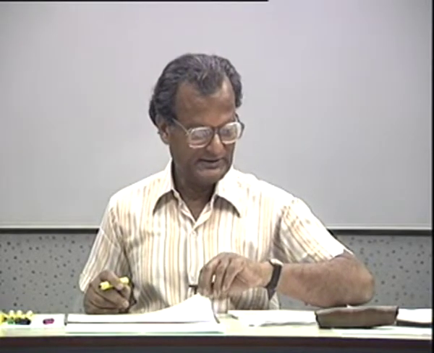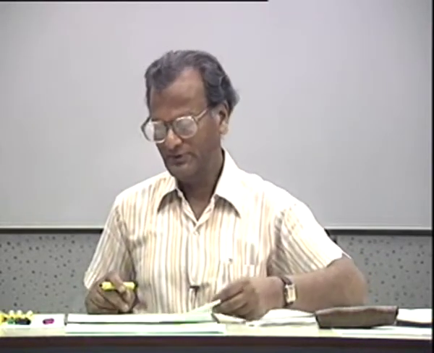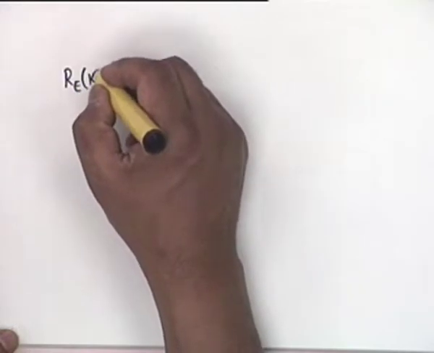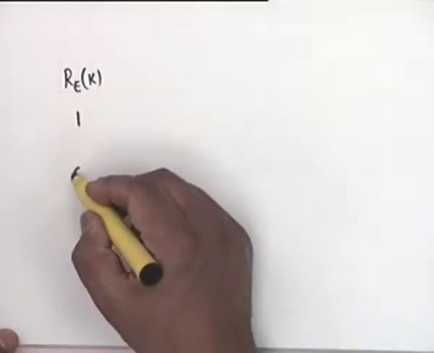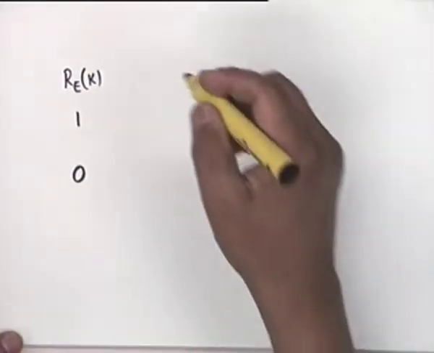I calculated the components R pi and R mu under two conditions. Have you taken down? Okay. Under two conditions, that is two values of Re in K. One is 1K, the value that is given, and the other is 0. That means there is no feedback.